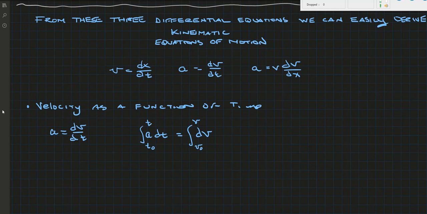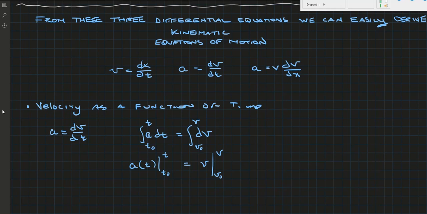So this gives us the acceleration times t evaluated from t0 to t equals velocity evaluated from v0 to v.